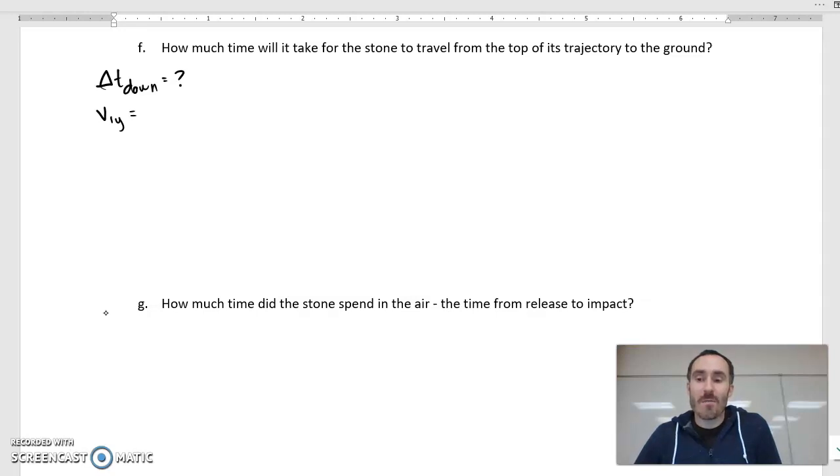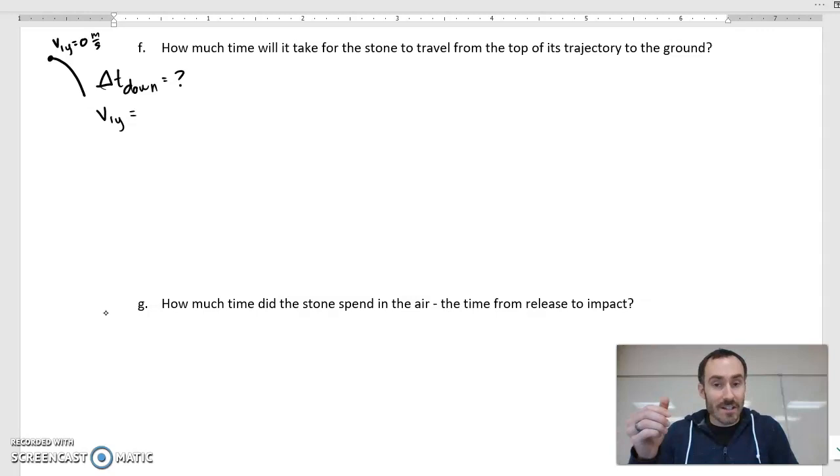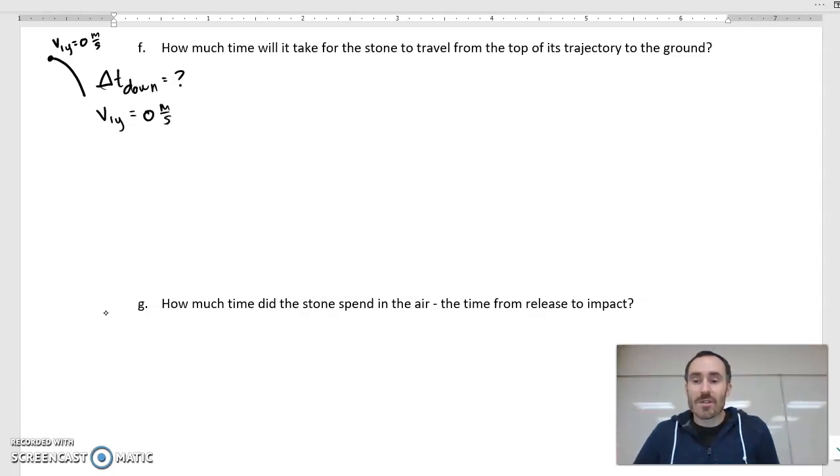We are now on the part of the trajectory that's going like this, right? And so our starting vertical velocity, v1y, is 0 meters per second, right? It hasn't started falling until you start the timer. So our v1y is now 0 meters per second.